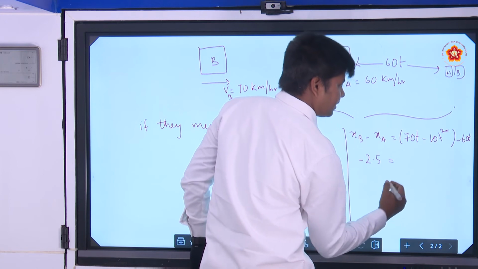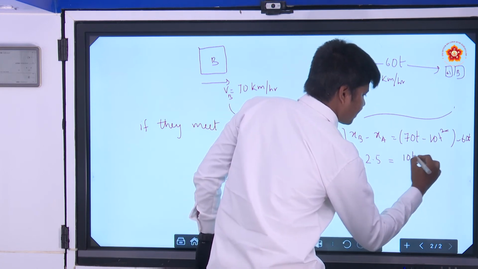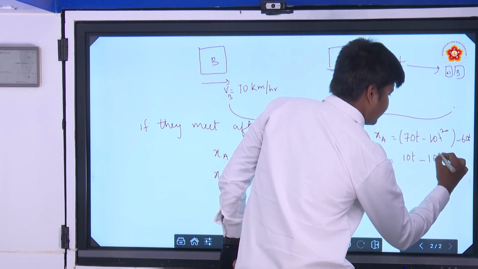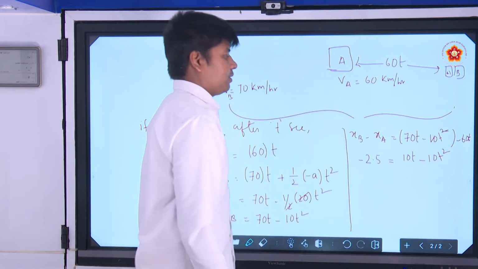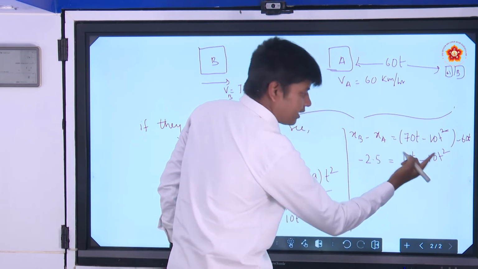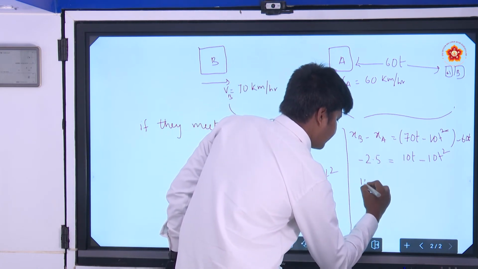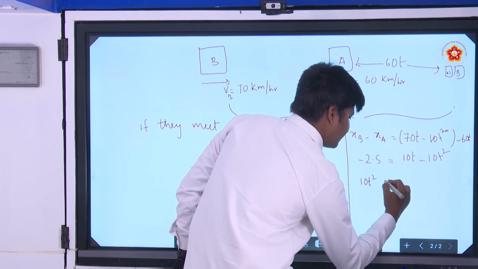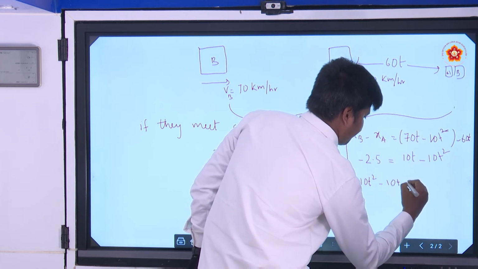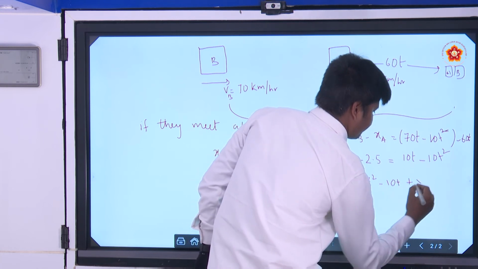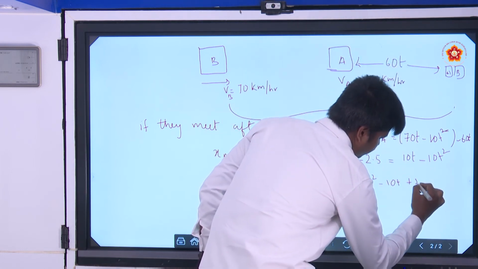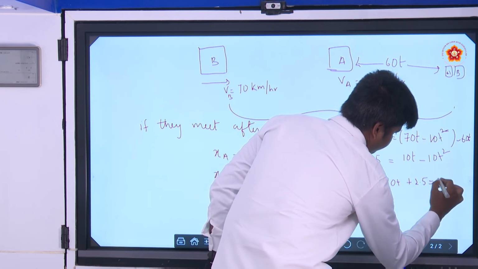So 70t minus 60t is 10t, minus 10t square. Alright, so what happens now? It is all in terms of t, just solve for t. 10t square minus 10t plus 2.5 is equal to 0.